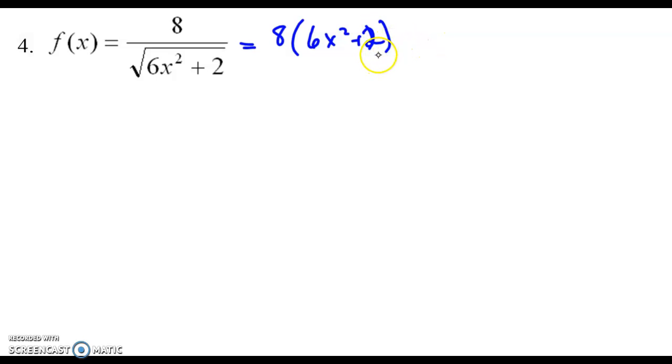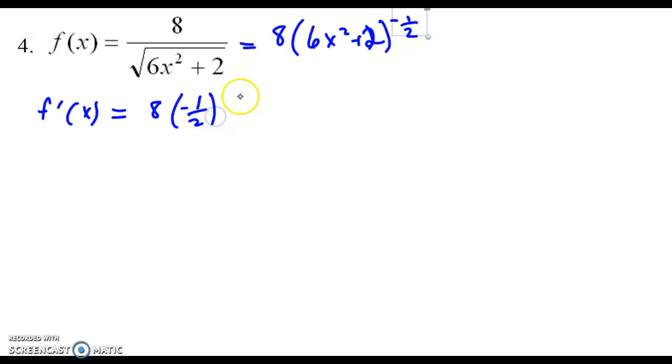Now, this was a negative exponent down in the denominator, and we see the square root, so that must be a negative half. Okay, derivative of this equals coefficient 8 times the negative half, exponent multiplied by 6x squared plus 2, all to the power of negative a half minus 1, negative 3 over 2, multiplied by the derivative of this binomial, which would be 12x to the power of 1.